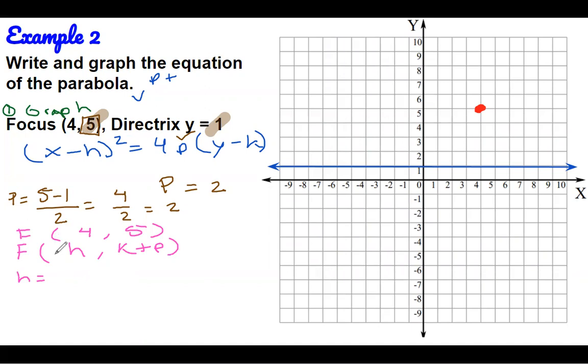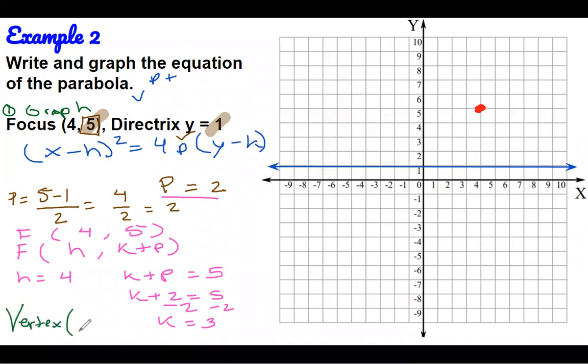So we have k plus 2 equals 5. How do I solve that one step? Subtract 2. I'm left with k equals 3. What do I have now? I found my vertex. It's at (4, 3). Let's go ahead and graph it. 4, beautiful 3. Here's my vertex. Here's my focus. That's my directrix. And my whole entire graph is going to open up.